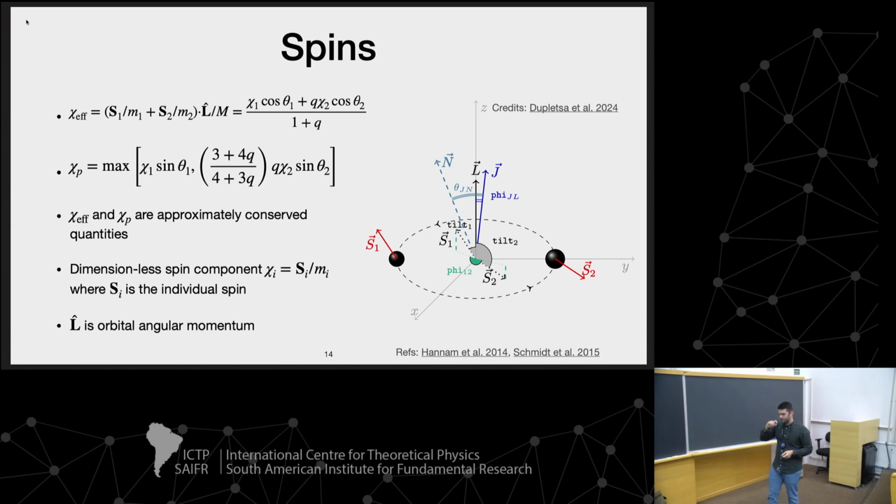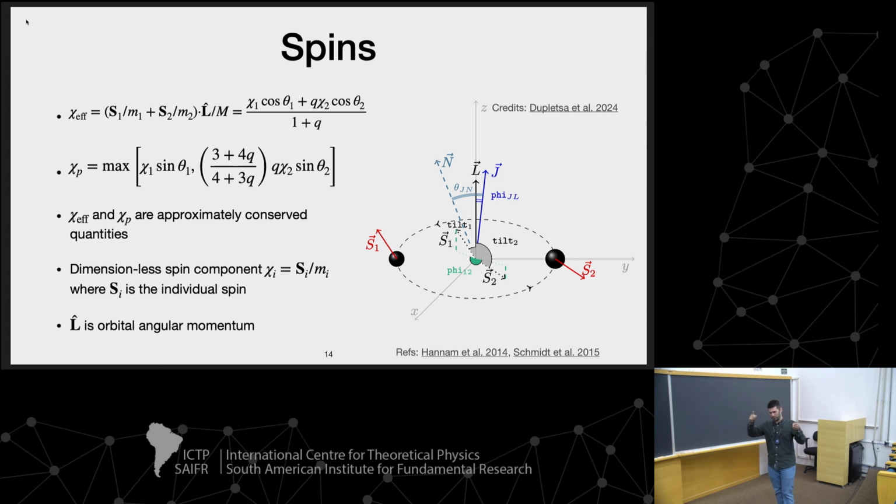Chi-p instead is the other way around. It is a combination of the spins along the perpendicular direction of the angular momentum. And we define these two quantities because they are approximately conserved over long periods of time during the gravitational wave strain over time.